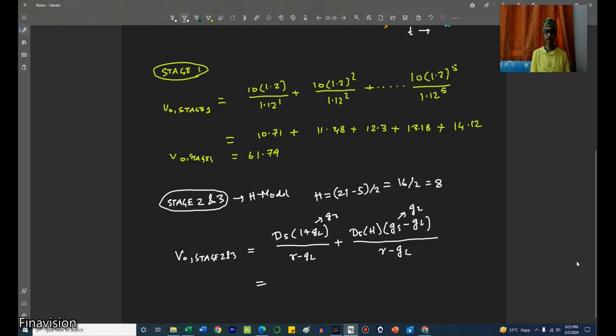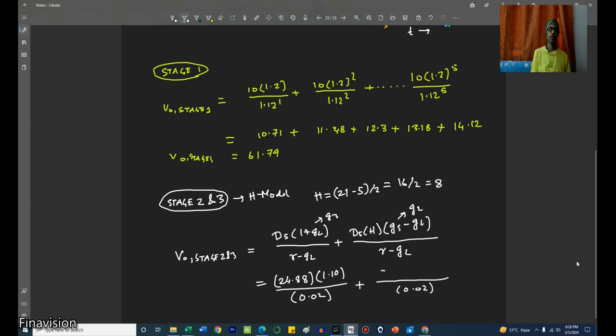And what is D5, guys? 1.2 to the power 5 into 10, 24.88. 24.88 into 1.1 by 0.02, because GL is 1.1, plus again 0.12 minus 0.10, here it is 0.02.